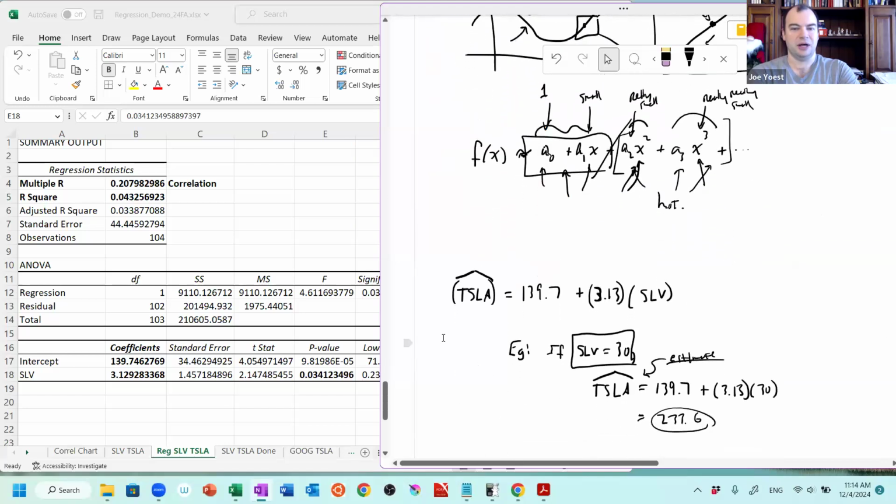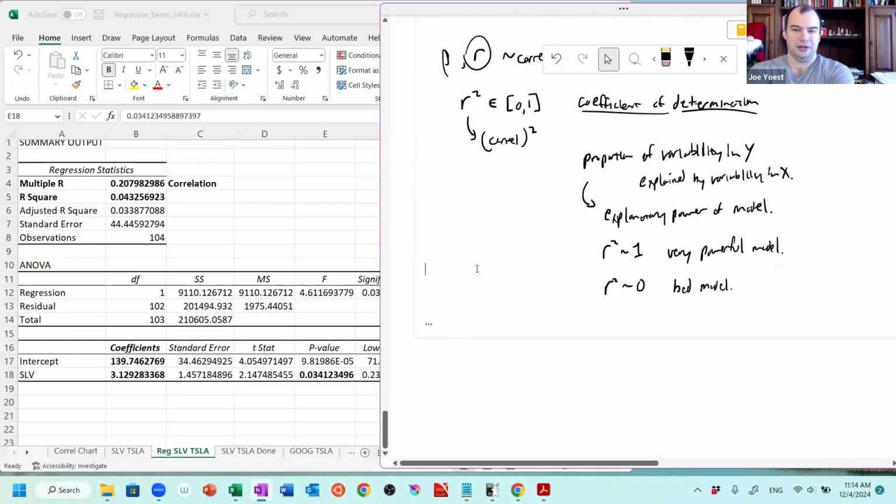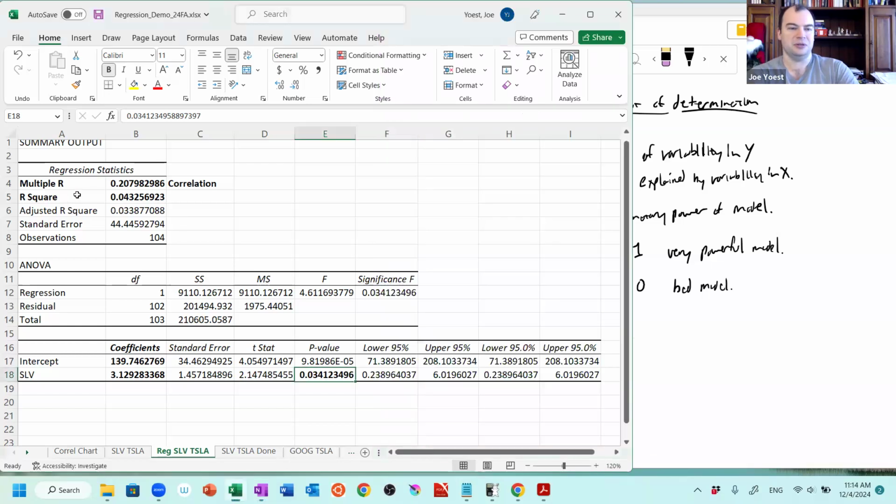If I have a model that does a great job of explaining things, and my new model does worse, well, my new model probably isn't all that great because I have other better options out there. If I don't have anything that does any decent job of explaining the phenomenon, and I can get 30 or 40 or 50% explanatory power, maybe that's a win. So correlation magnitude near 0 or 1 essentially corresponds to an R squared near 0 or 1.